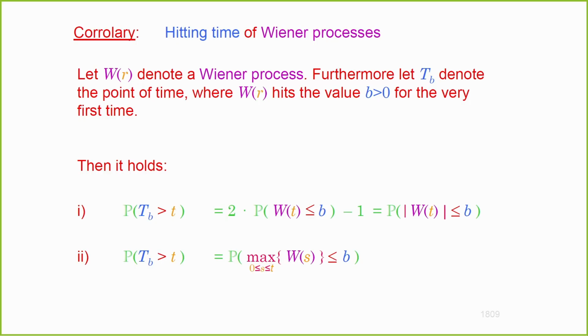And if the maximum of the process is less than b, again it doesn't matter if it's less than or equal to, this means that the hitting time has not reached the current point of time yet. That was the issue which I wanted to make here.